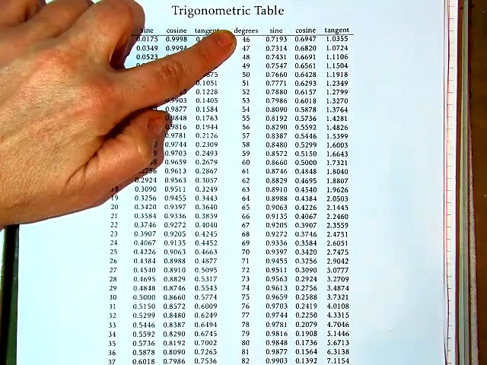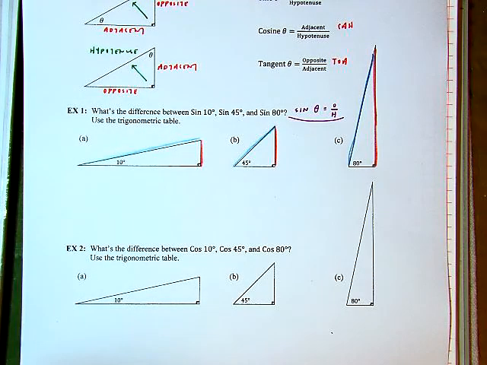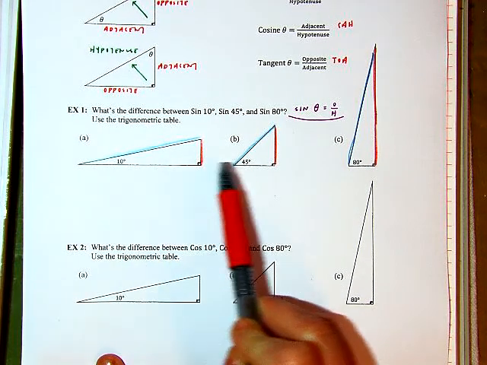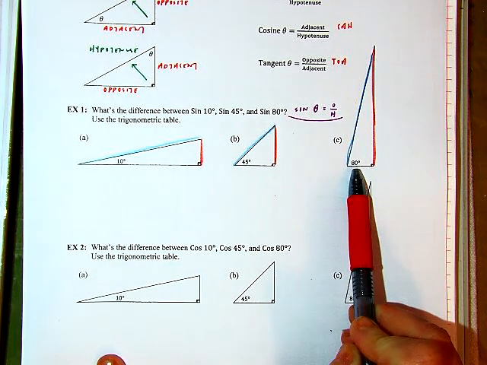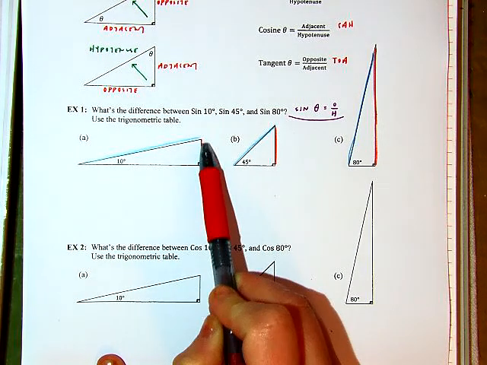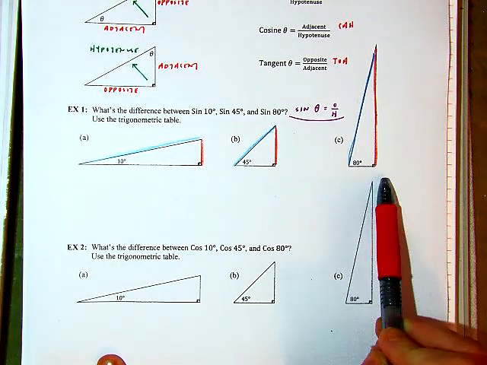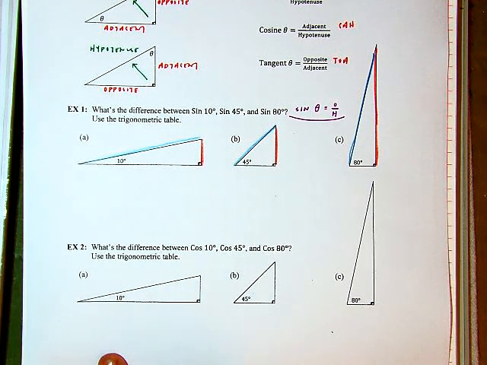So here, let me pull back away, look at my picture down here. Again, if I'm looking at sine 10, sine 45, sine 80, I'm seeing that the ratio of that opposite side to hypotenuse is getting closer to 1 as that angle measure is getting bigger.